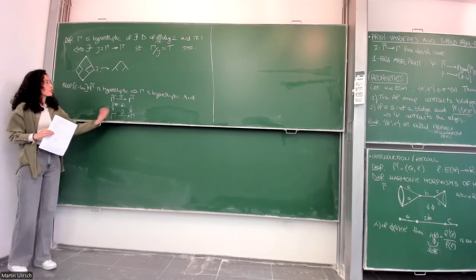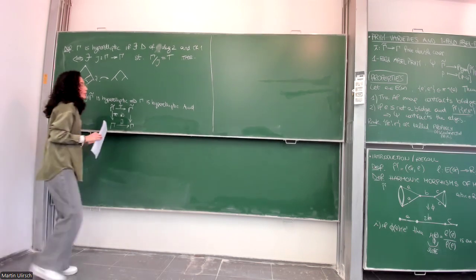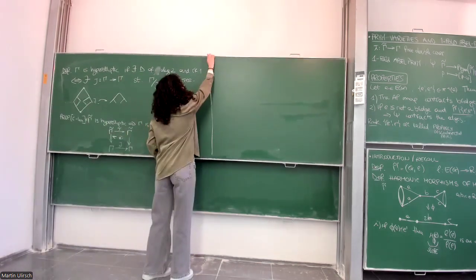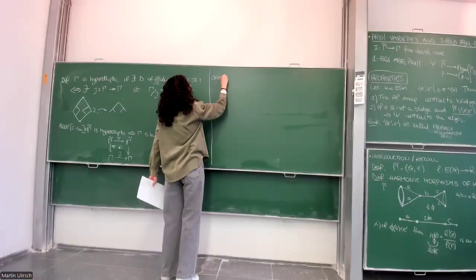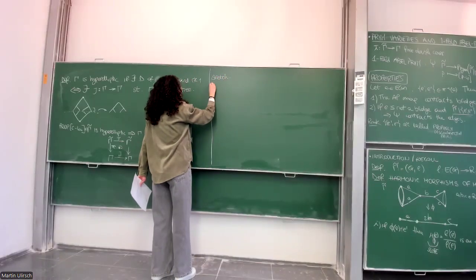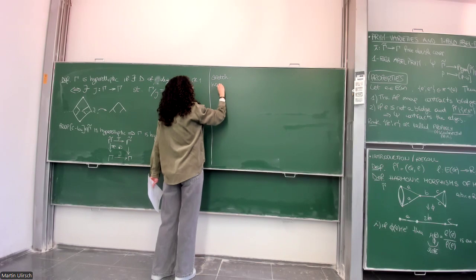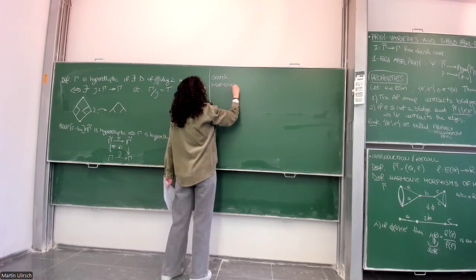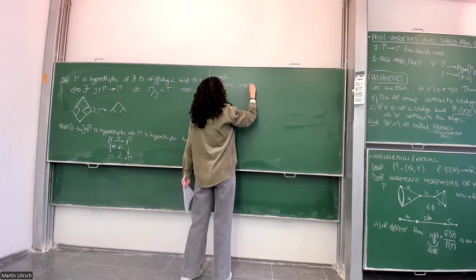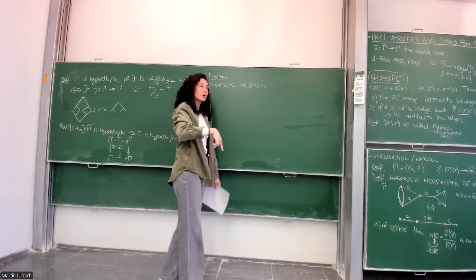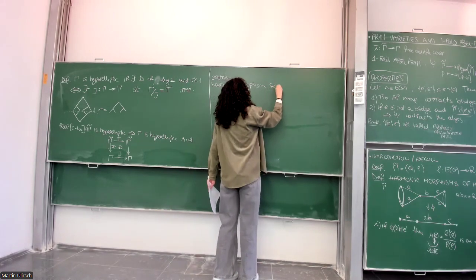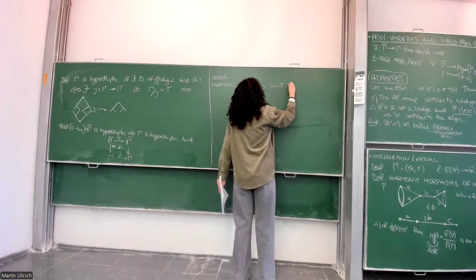And in the proof we used the properties of harmonic morphisms, because harmonic morphisms send equivalent divisors to equivalent divisors.